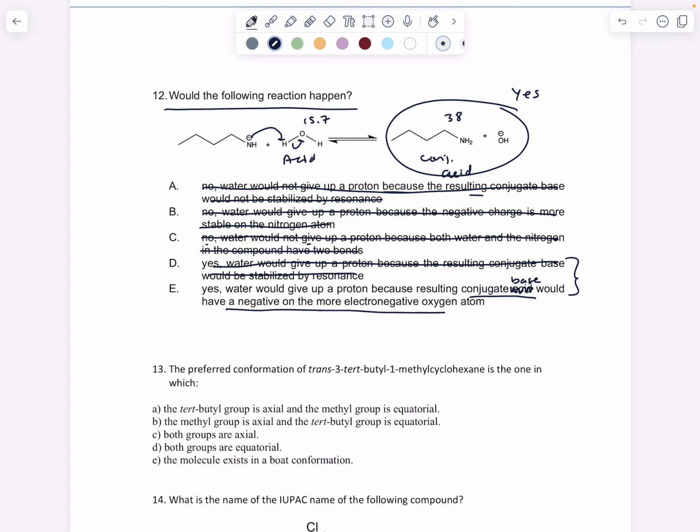So that's a different way of reasoning than we've used before. But it would ultimately be the more stable product is favored, and the negative being on the more electronegative atom is better. Makes it more stable, makes it less reactive.